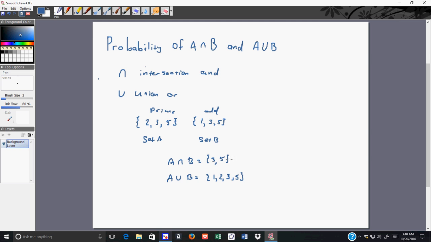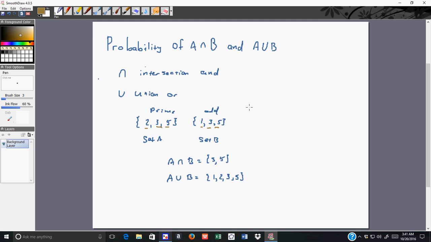So here you can see there are two elements present in both, 3 and 5, and here there are 4 elements present overall in both sets: 1, 2, 3, 5.